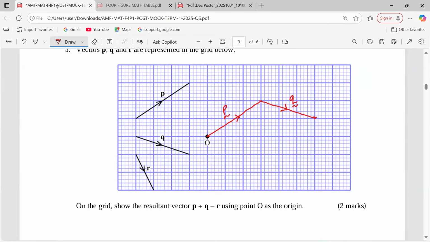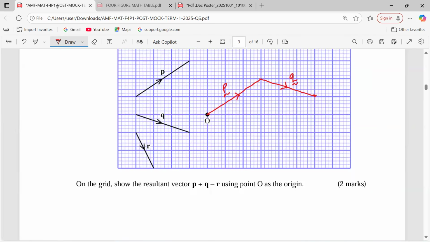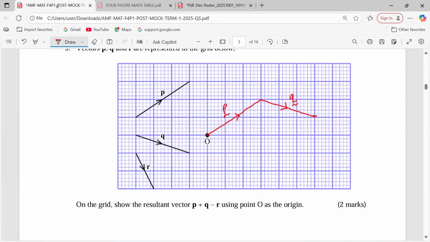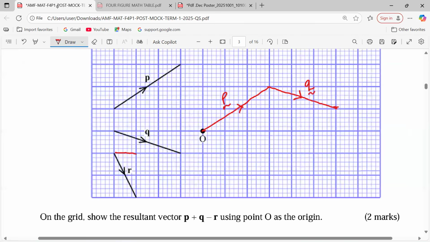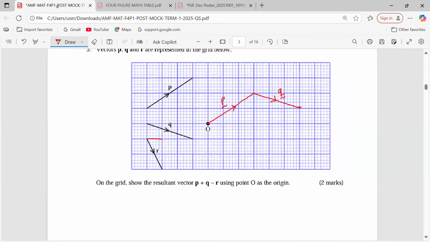Then finally, about R, we are going to subtract. So we shall not add R, we shall subtract it. Meaning that to subtract R, you know, R is 1 unit to the right and 3 downwards.